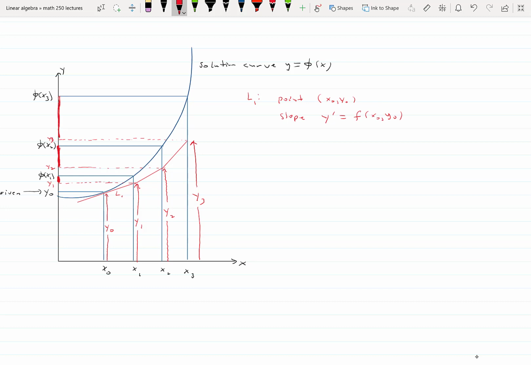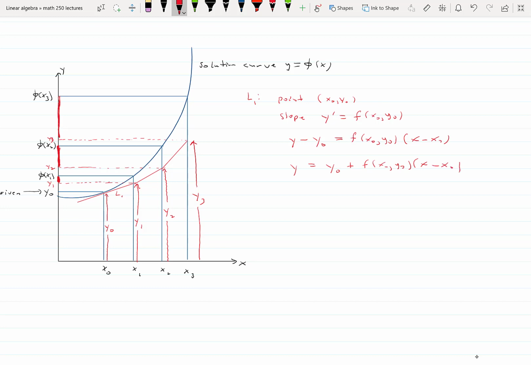Remember, the differential equation provides us with the slope. So the equation of the line, using the point slope form, is y minus y naught equals m, the slope, f of x naught, y naught, times x minus x naught. If you solve for y, you get y equals y naught plus f of x naught, y naught, times x minus x naught.